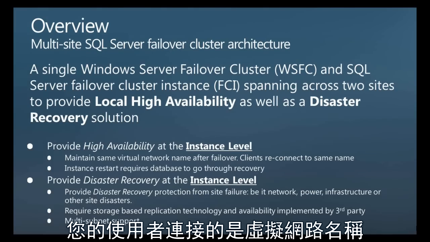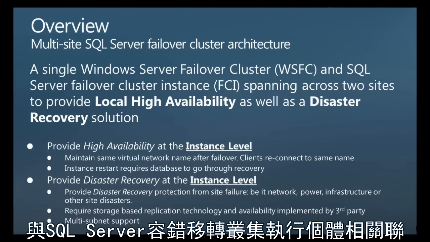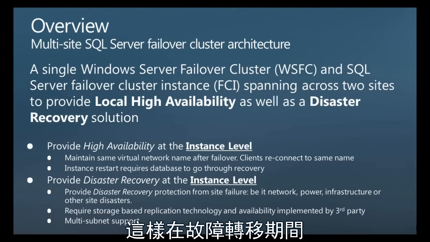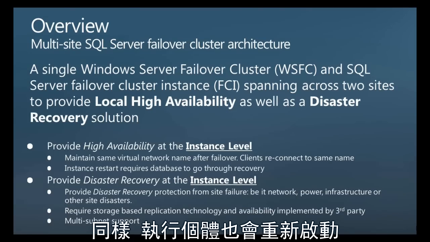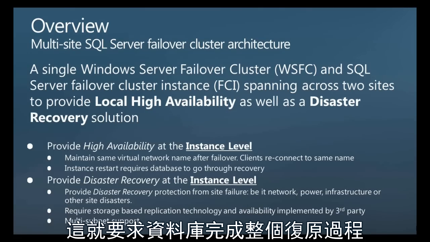Your client connects to the virtual network name associated with the SQL Server failover cluster instance. During a failover, the client should retry connecting to the same name. The instance will also restart, which requires the database to go through a recovery process.